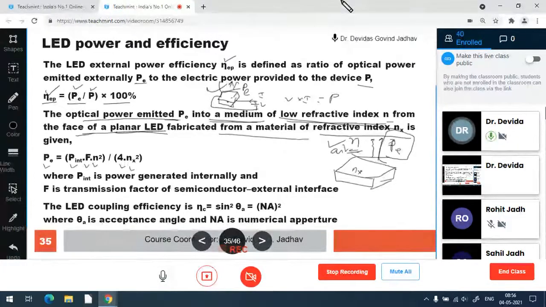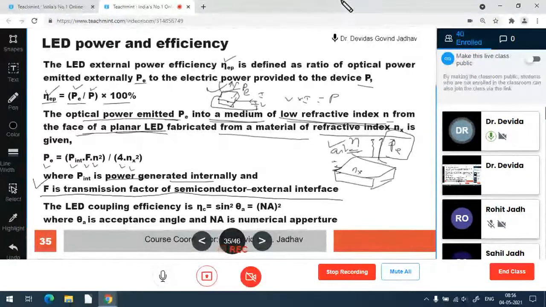where P internal is the internally generated power of the LED, and F is the transmission factor of the semiconductor and external interface. This is the semiconductor, this is the external air, so this interface has some transmission factor. For semiconductor-air it is different, for semiconductor-water it is different, for semiconductor-glass it is different.